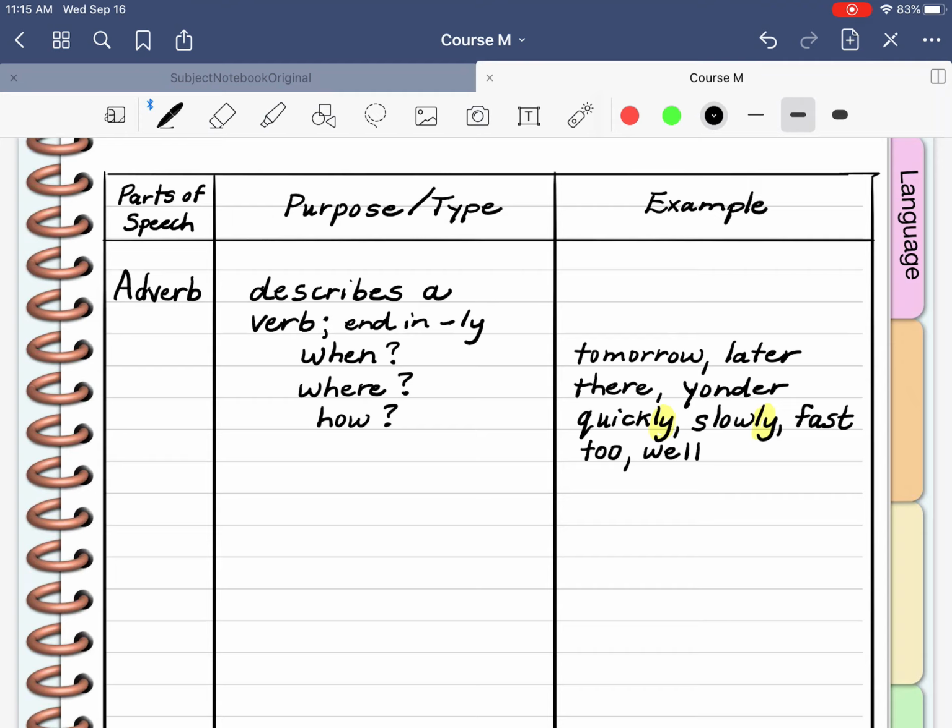You could also add a couple of questions here. To what extent? Very would be an adverb. I'm very tired today. That tells to what extent I'm tired. And even why could be a question that adverbs answer.